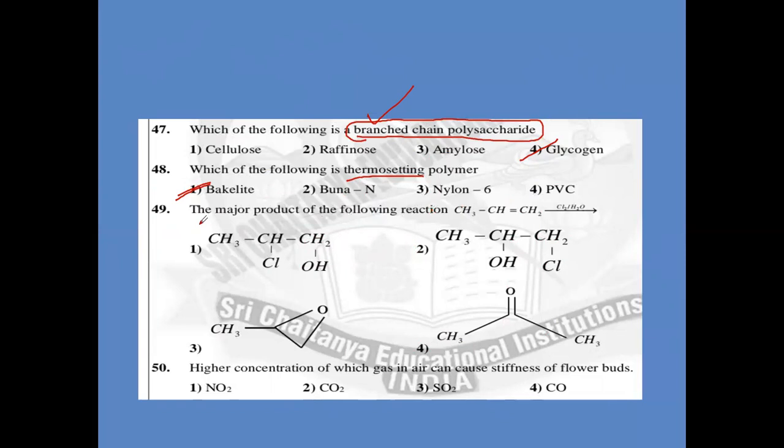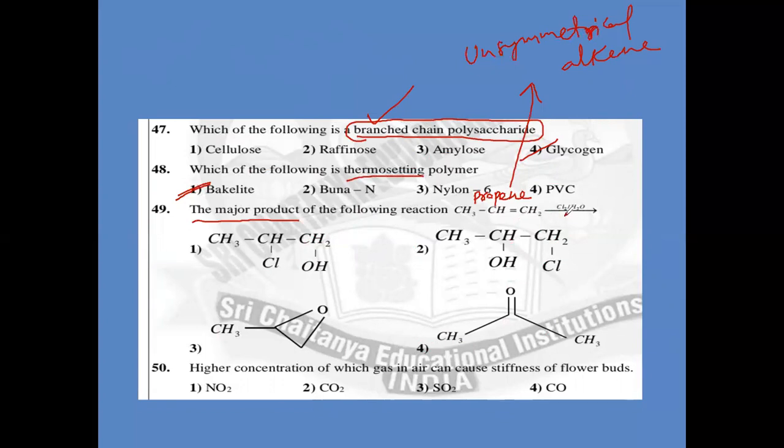Okay. Next. The major product of the following reaction. Here CH3-CH=CH2 is given. What is the name of this? Propene. It is an unsymmetrical alkene.